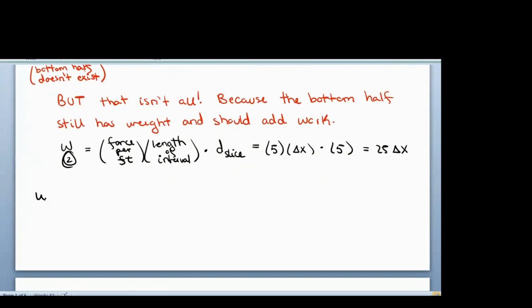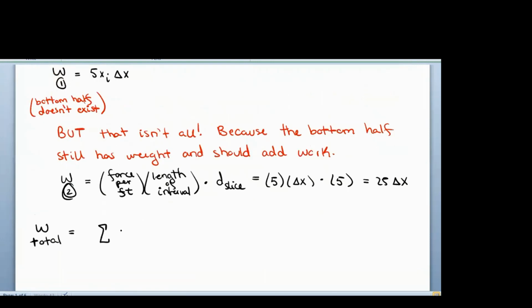And now I can put everything together. So this is going to be my sum, and I need to add these two things together. So I have the 5xi delta x, and I'm going to add 25 delta x. And again, we're really setting up our Riemann sum. So take our limit as n goes to infinity.